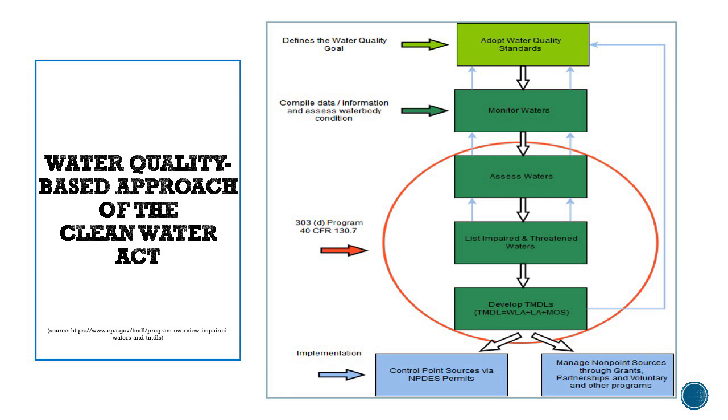We list impaired and threatened waters, develop TMDLs, and then from that, our control actions can be informed by the TMDL. Permits get updated by the allocations in the TMDL, and we'll go into that, or non-point source reductions can be informed, and some states actually require non-point source regulations as a result of a TMDL or the need to get a reduction.